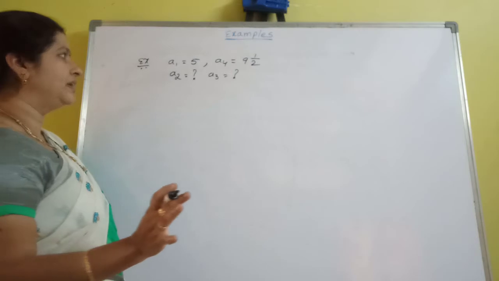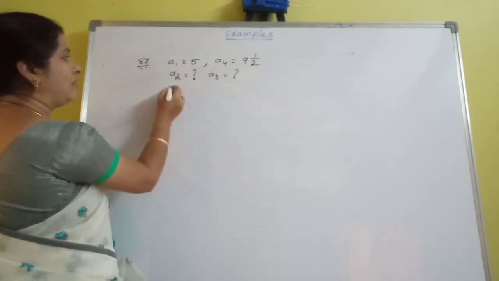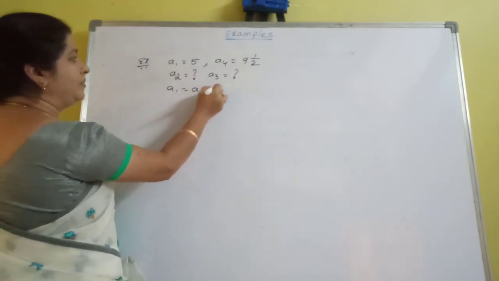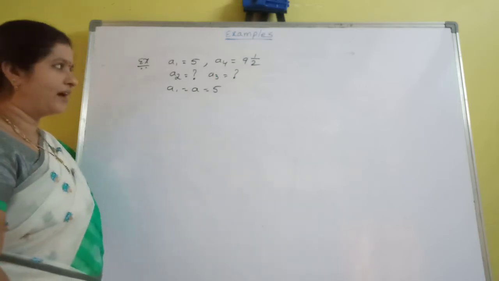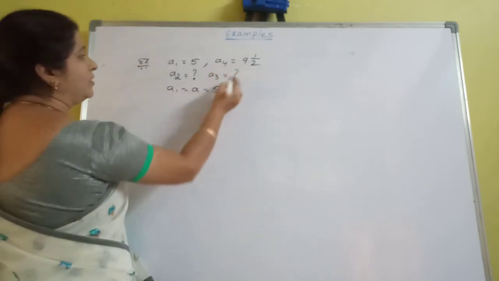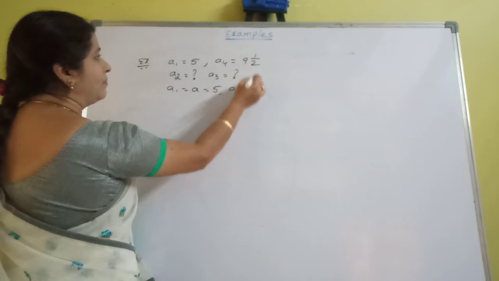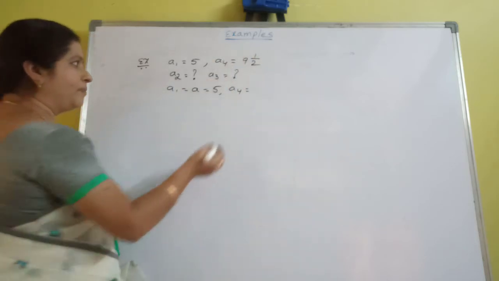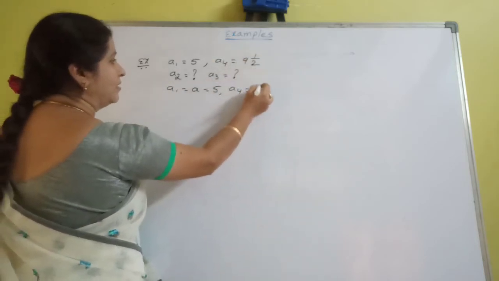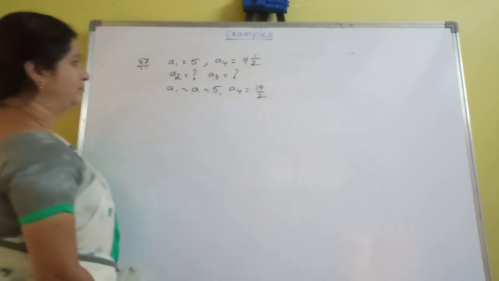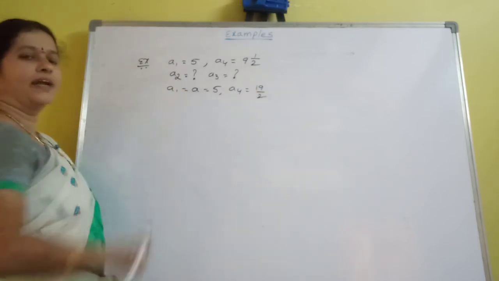Those are very easy. A1 means always A1 equal to a, simply A1 equal to given 5. A4 value 9 1 by 2, a mixed fraction, convert into improper. 9 2s are 18 plus 1, so it is 19 by 2. So what about A2 value?